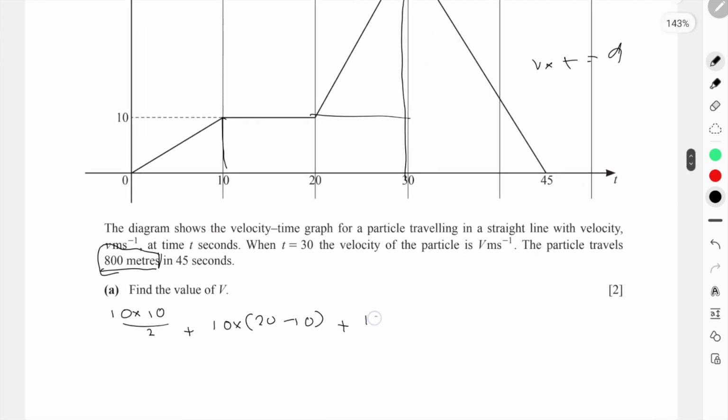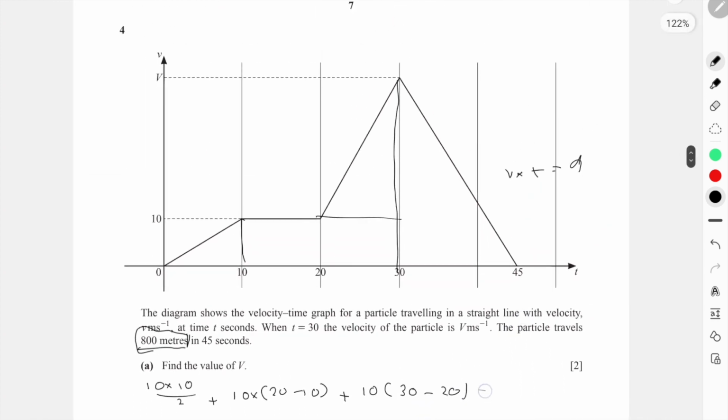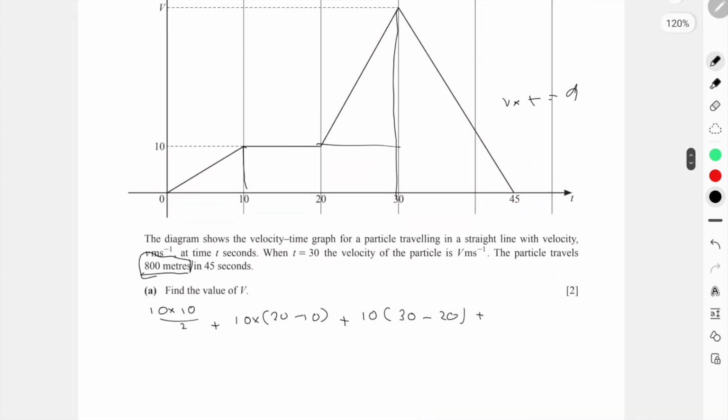So this is 10 into 30 minus 20, and then this triangle would be half v minus 10 into 10, because this distance is 10, this is v minus 10, plus this is a triangle, so that's half v into 15, and that's all 800.